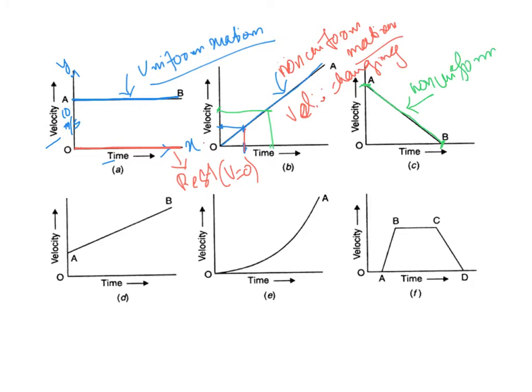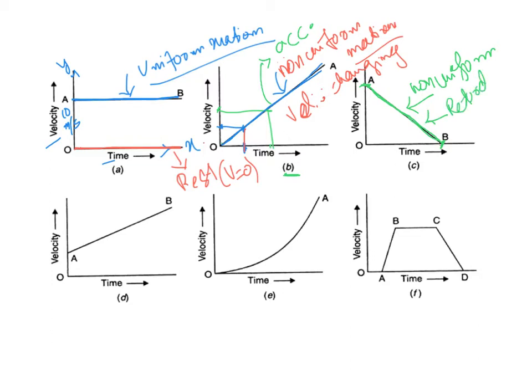But in this case, B case, the velocity was increasing as the time is going, whereas here the velocity is decreasing. That means this is having an acceleration and this is having a retardation. That means I have applied a brake.